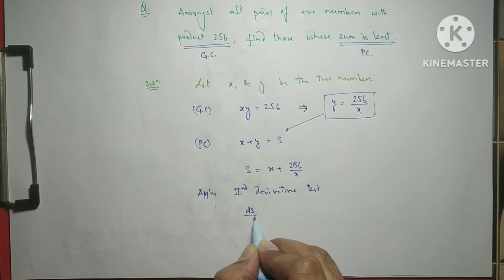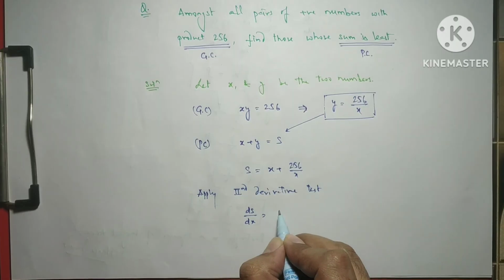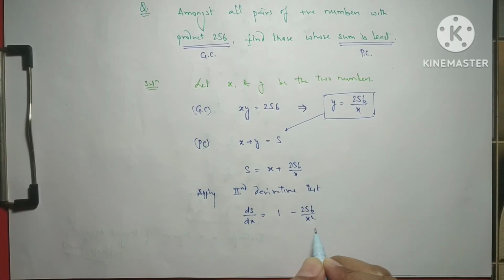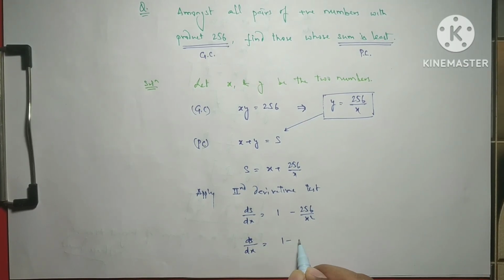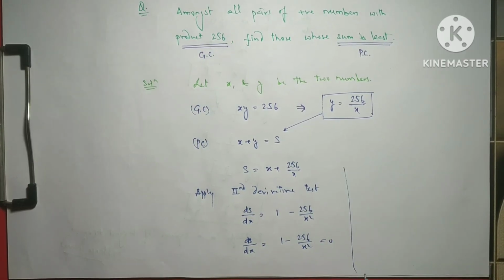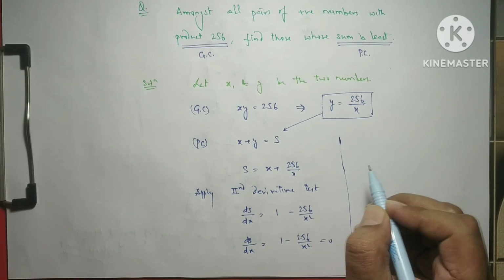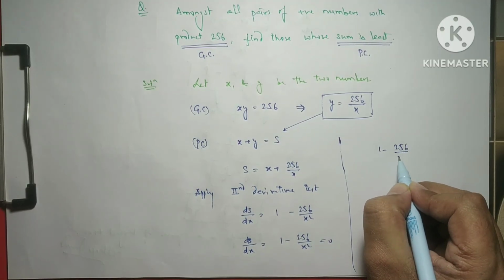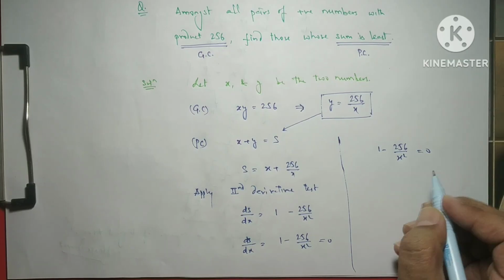So we differentiate it and set it equal to 0. So we get 1 minus 256 over x square equals 0.